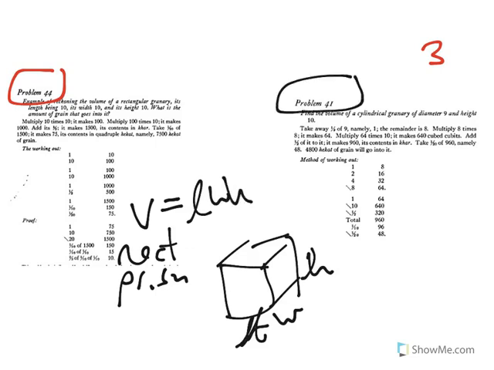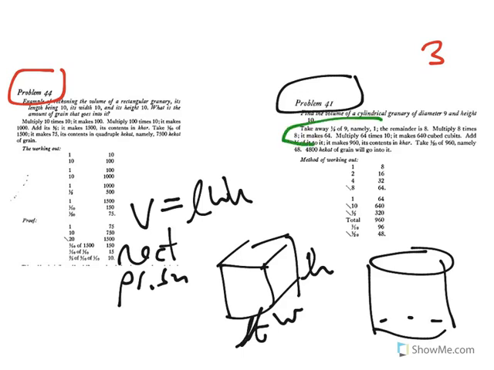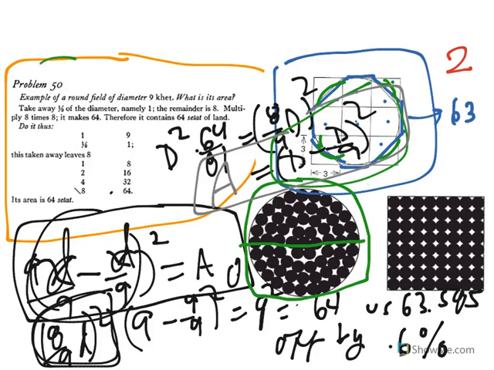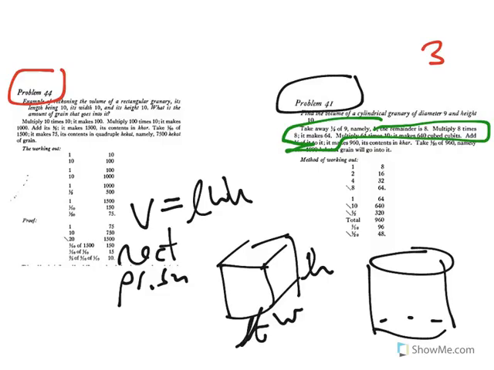And problem 41 is really interesting, because in this one, they're doing the volume of a cylinder. And you see here, take away 1/9 of 9, namely 1, the remainder is 8, multiply 8 times 8. So this cylinder has diameter 9, like the circle from problem 50. You would think they would put problem 50 before problem 41, but they didn't.